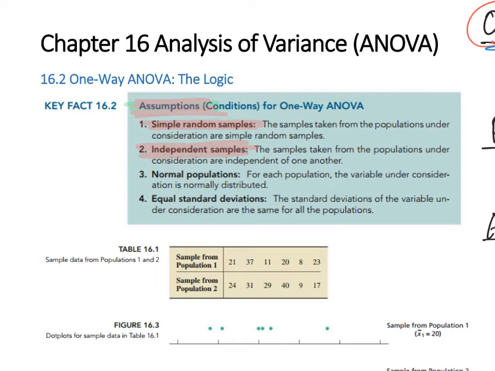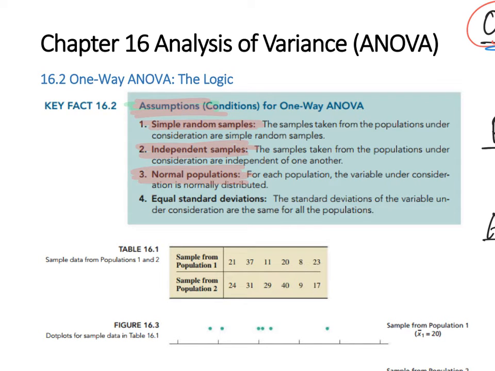So for example, male or female, freshman, sophomore, junior, senior, right? So we have to have independent samples. And as in many applications, we assume a normal population. That means each population has a normal distribution.